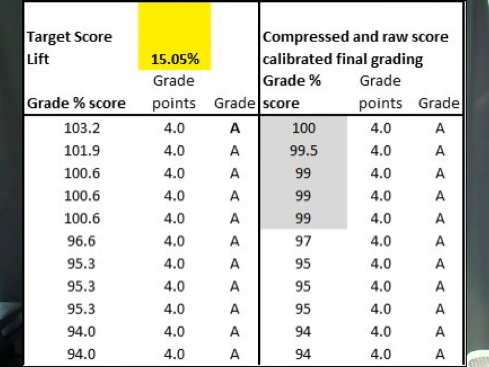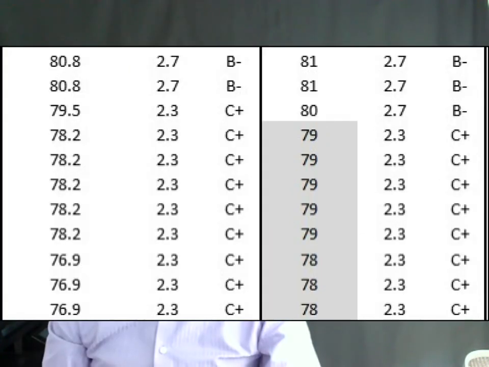The same thing happens at the bottom. And we need to lift it up. So the bottom student has 76.9. I lift that up to 78. So that's about a 1-point lift. And then you can see the 3 lowest ones, as they have the same percentage score, they get the same corrected score of 78. Then the next one, there's a distance of about 1, so I lift that up to 79.